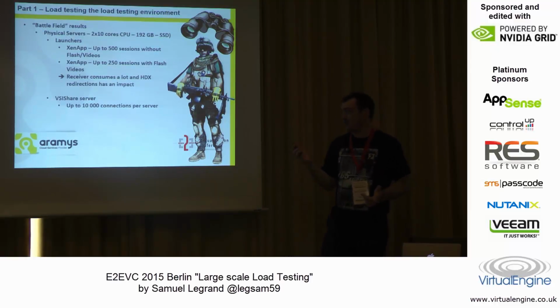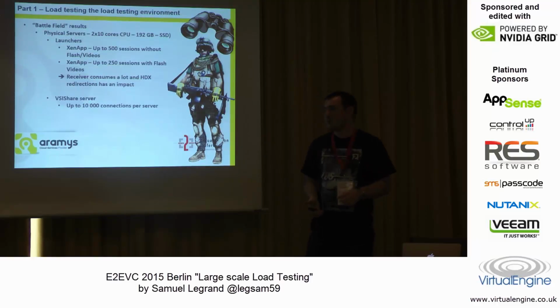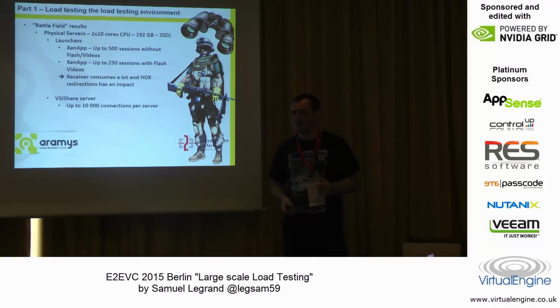And for the VSI share, we have managed to handle about 10,000 connections per server. So for the first step that I made for 10,000, we put 2 servers for the VSI share in order to learn how to load balance the launcher through the VSI share server.